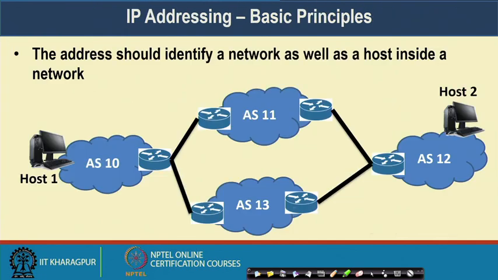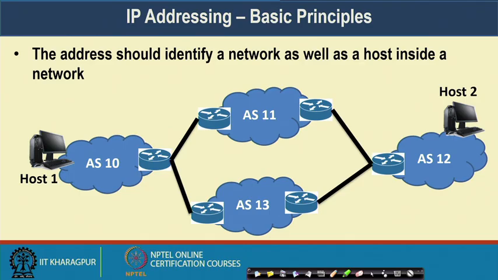That is called IP version 6, or IPv6 in short. We will first look into IPv4 in detail and then go to the details of IPv6. So in IPv4, let us look at how a particular address is formed.